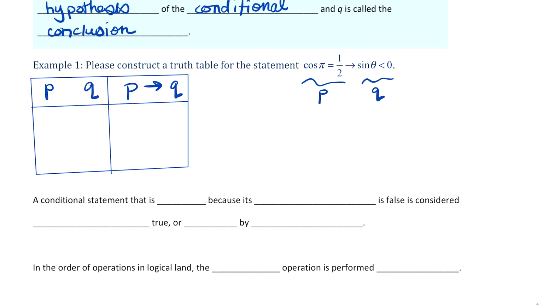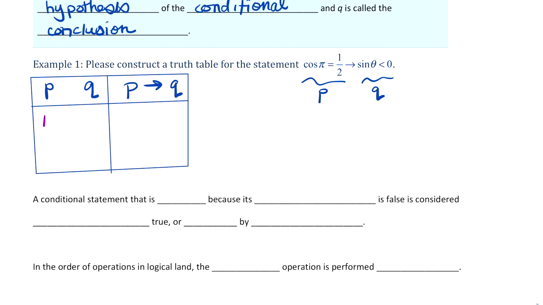So we decided that P is always false, but Q could be true or false, right? And we decided that because this is false, right? So here, what do you think?